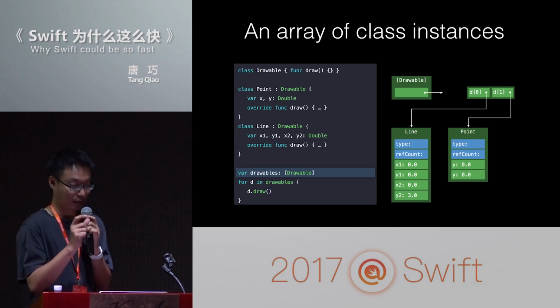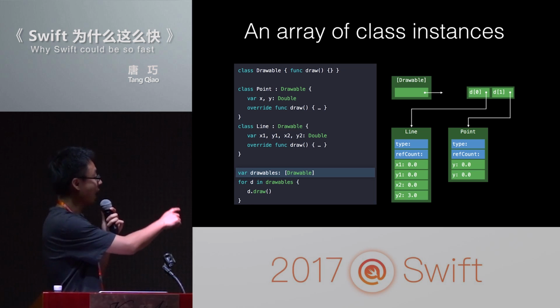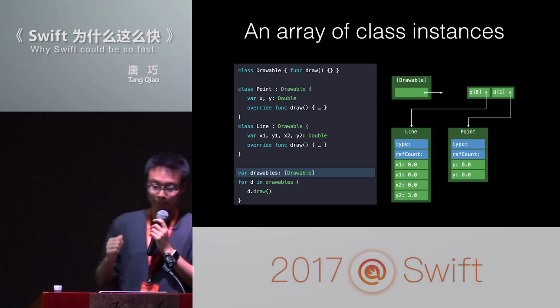If we look at the example, we have an array of Drawable, and each element is a class type. Every element size is fixed because they are all pointers that have the same size, and each points to another range of memory, which may be of different sizes. So array elements have the same size, but this is the class type array.